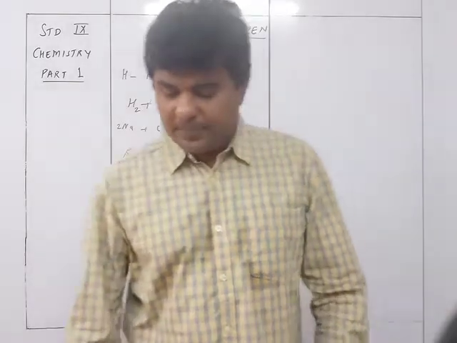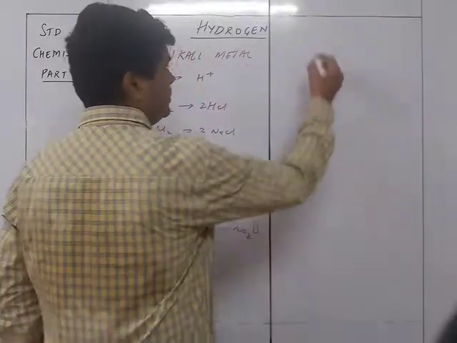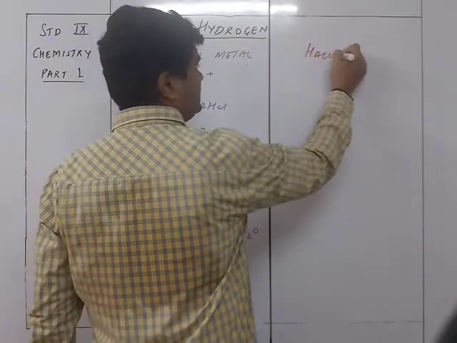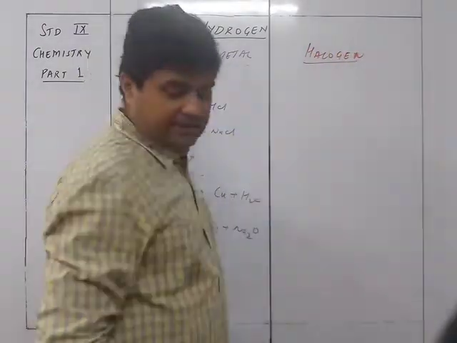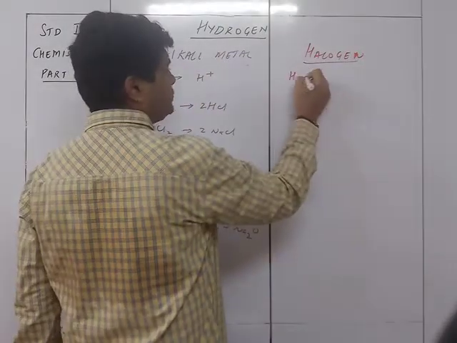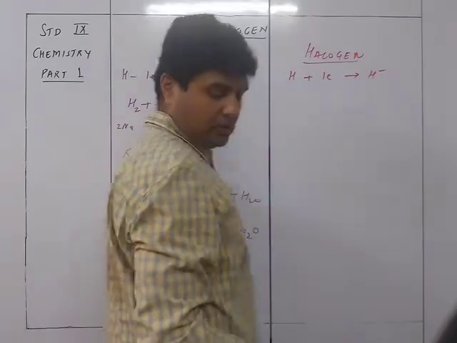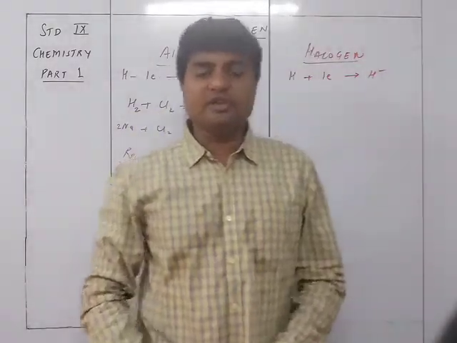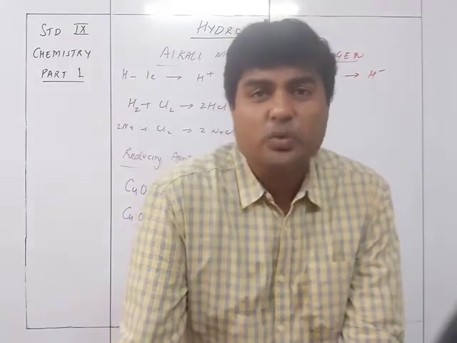Now let's see the properties hydrogen has that connect to the halogens. The next one is halogens. When we talk about halogens, first, we know very well that H plus 1e will give you H minus. The electronic configuration is just 1 less than the nearest noble gas.